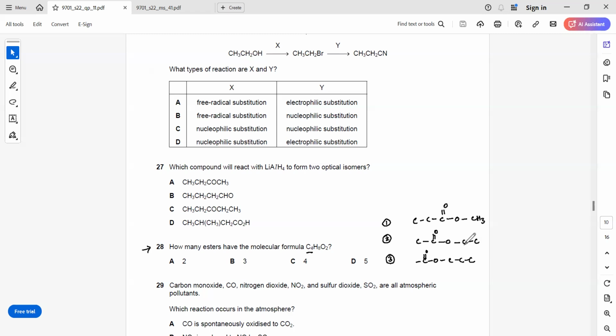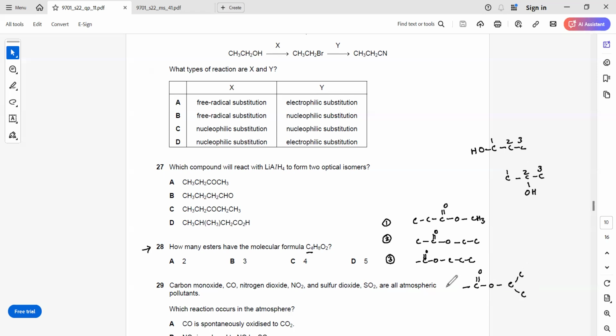alkyl group, right? So most probably this could be B, but here we can have another alcohol possible. I have taken this alcohol in which the OH group is attached to carbon 1. So it's a primary alcohol. But with the same number of carbon atoms, I can have a secondary alcohol as well. So if a secondary alcohol combines with an acid, this ester is also possible, isn't it?